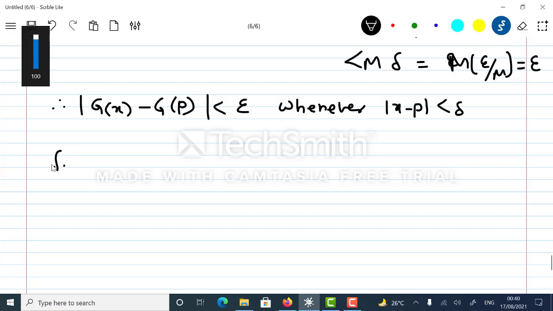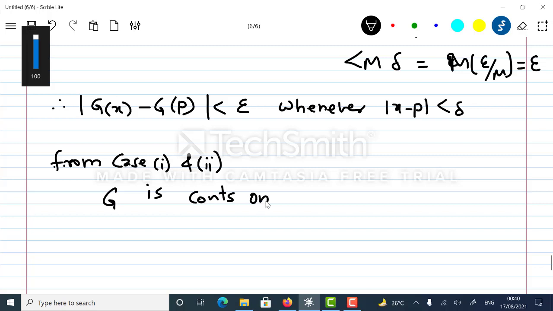So therefore from case 1 and 2, g is continuous on the closed interval a comma b. So we have proved a very important property now, that the indefinite integral is always continuous. Thank you.